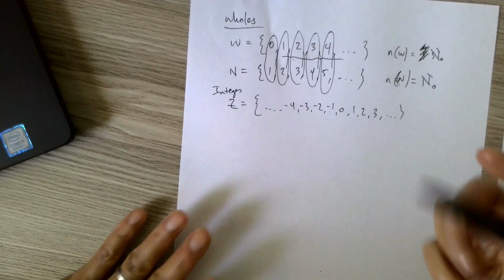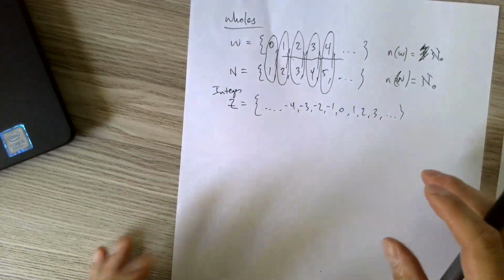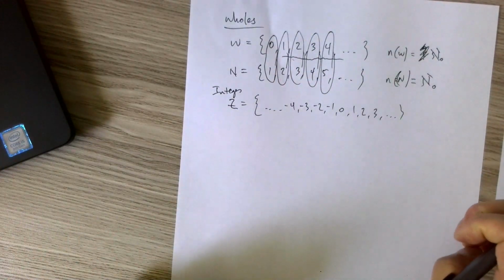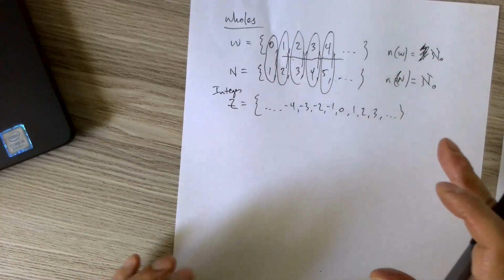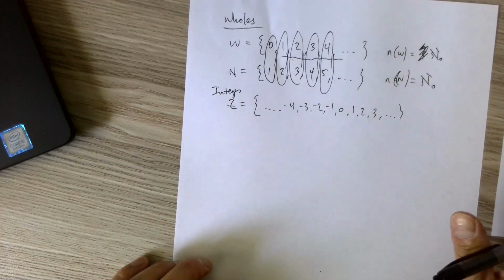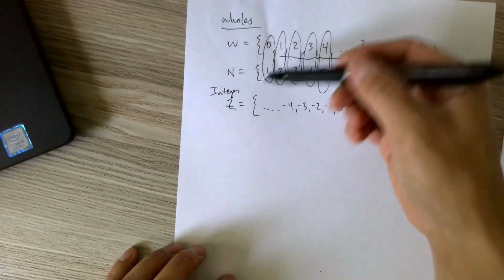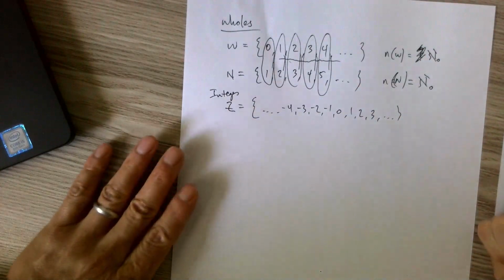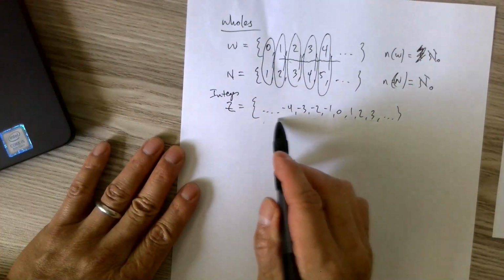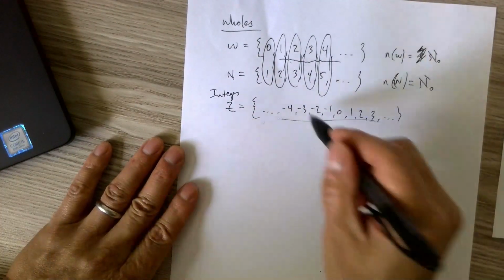I want to limit my set to going in one direction. Dot, dot, dots on the right. Because my objective is to do one-to-one correspondence. I can't do that if I have dots on the left also. So this way of listing the integers won't work.